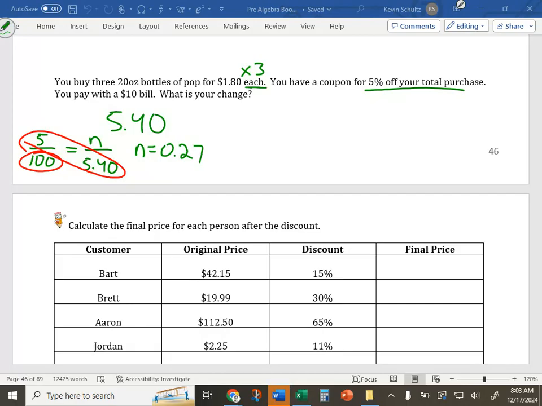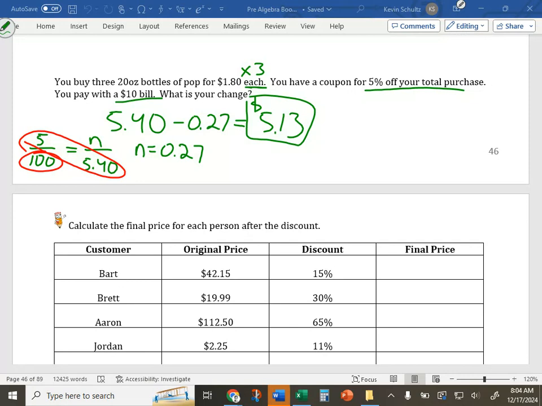So we go back to our original 5.40 here. We're subtracting 27 cents away from that. That's the 5% that we get off. And in total, we're paying $5.13 for these 3 bottles of pop. Okay? We're not done yet, right? The question is, what is the change?